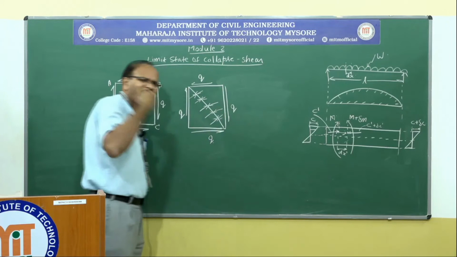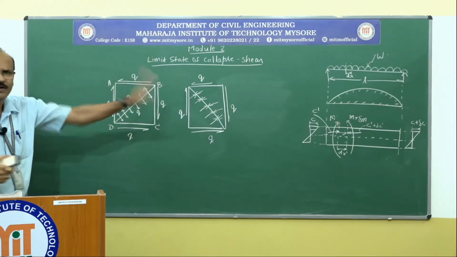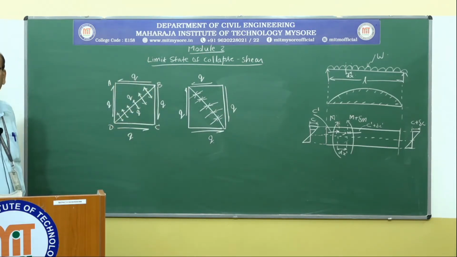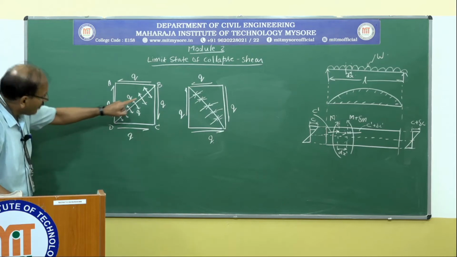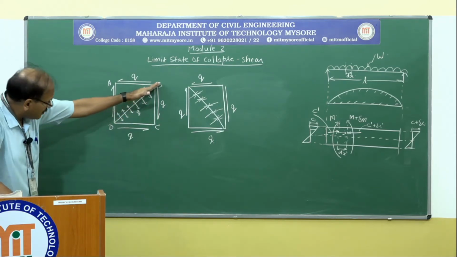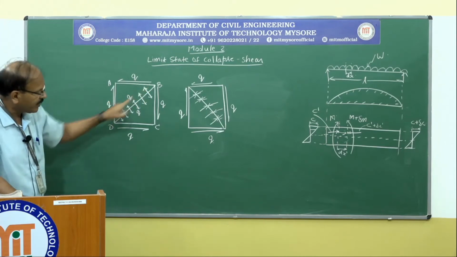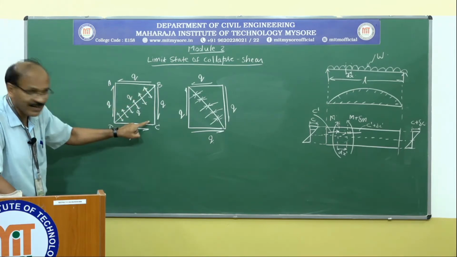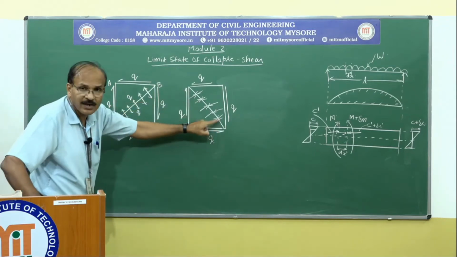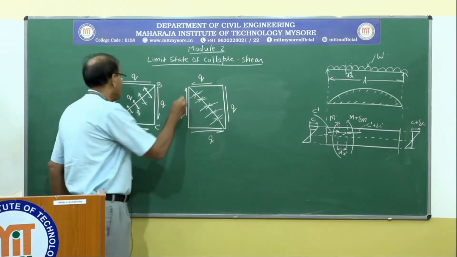And this holds good for any material, but we are only worried about the concrete. Okay. So this diagonal of the concrete element is going to be subjected to tension, and this diagonal that is shown here is going to be subjected to compression.